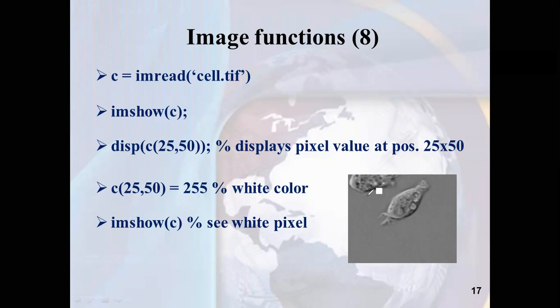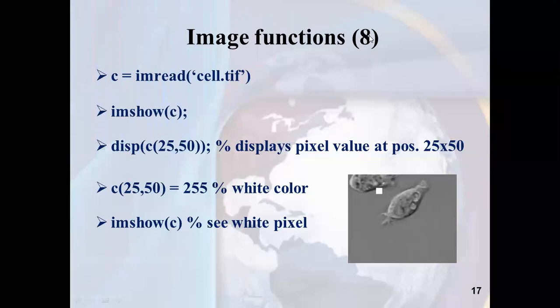So C(25,50), the pixel (25,50), becomes white. So if I do imshow, I just see the image with 1 point, or 1 pixel, that is converted to a white color.